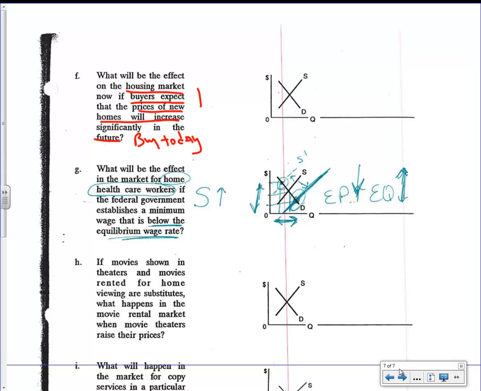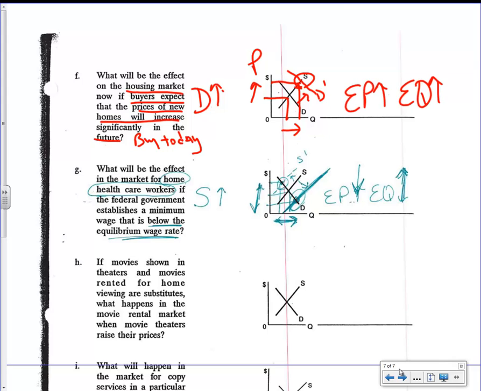So the demand will increase. So therefore, we're going to increase the demand. Here's our new equilibrium. Here was our old equilibrium. Price is going up. Equilibrium quantity is going up. Price up, quantity up.